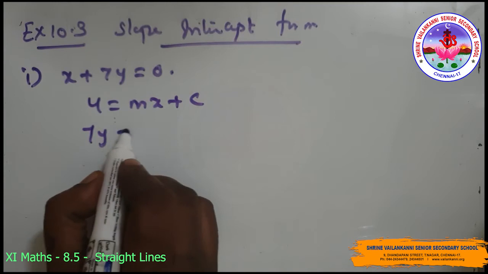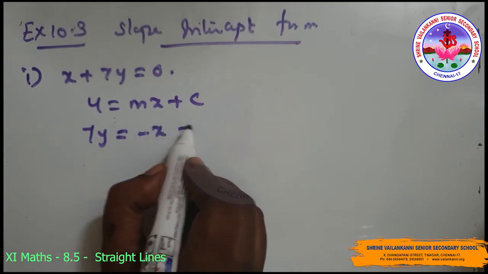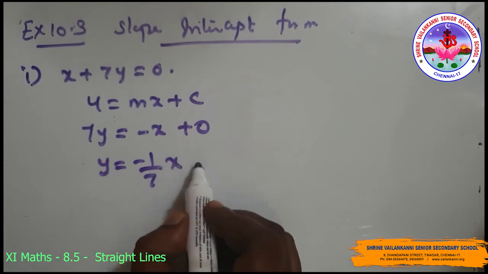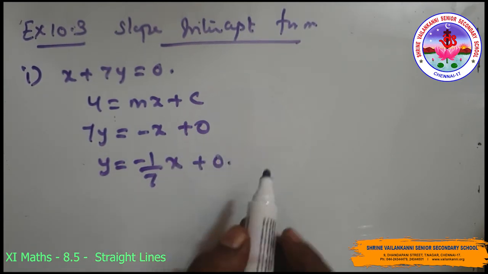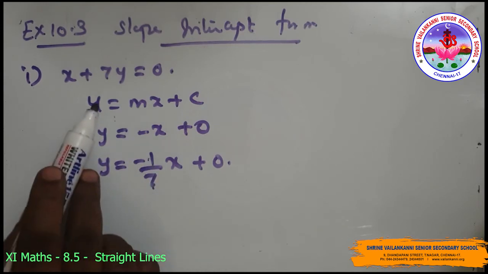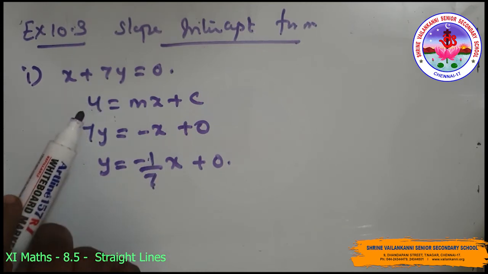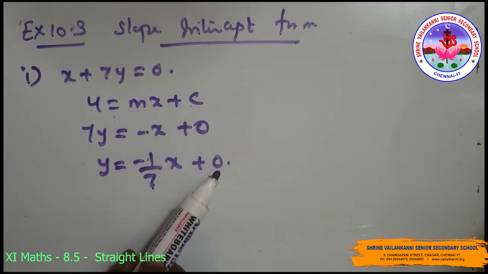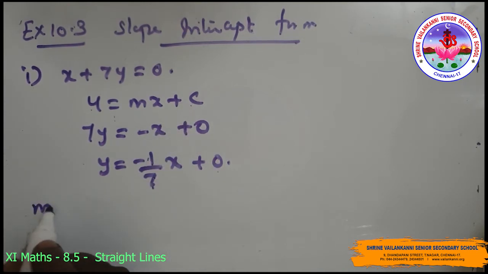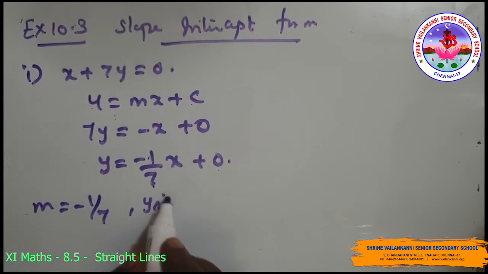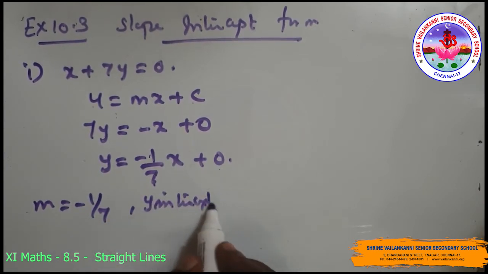So we have 7y = -x + 0, y = -(1/7)x + 0. Here the slope m is -1/7. Comparing this with the equation, m is -1/7 and the y-intercept c is 0.